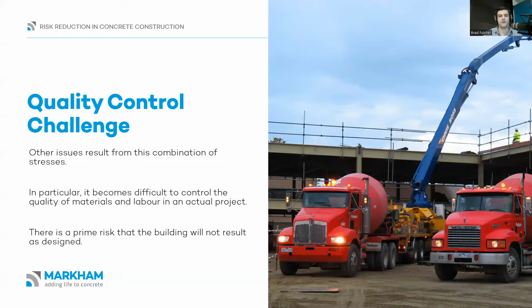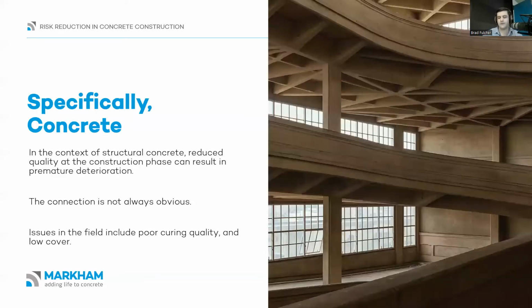It does pay to do a bit of research into that, things like labour as well, trying to get the right qualifications of people that are on there. This can be a prime result that the building may not end up to be designed as it was at the start. So something we can look into. Over to you, Doug, for a look into how this affects concrete.